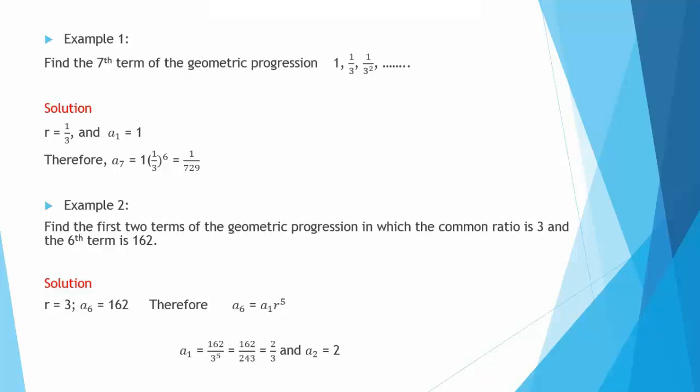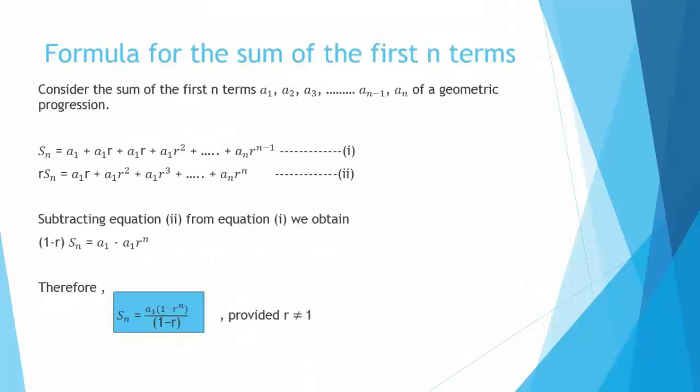Then making a1 the subject of the formula, we get a1 equals 162 over 3 to the power 5, which equals 162 over 243. That is, a1 equals 2/3. If the first term is 2/3, by multiplying by the common ratio we get the second term, therefore a2 equals 2.